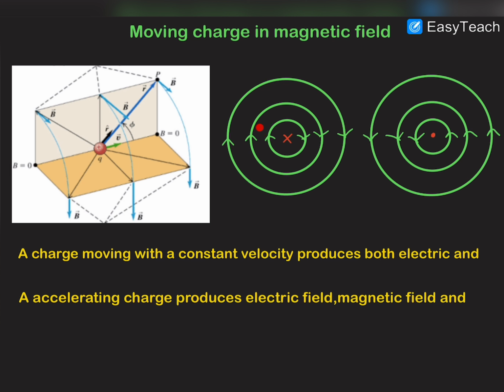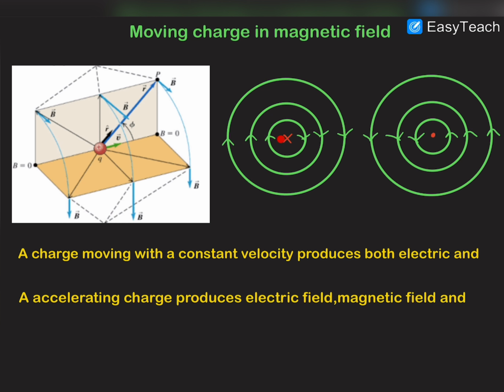The magnetic field around this charge can be calculated easily, and its direction is found by Fleming's right hand rule. Place your thumb parallel to the velocity and curl the fingers of the right hand to find the direction of the magnetic field. In this diagram, the cross represents the direction of velocity, and cross means inside the plane of the board.